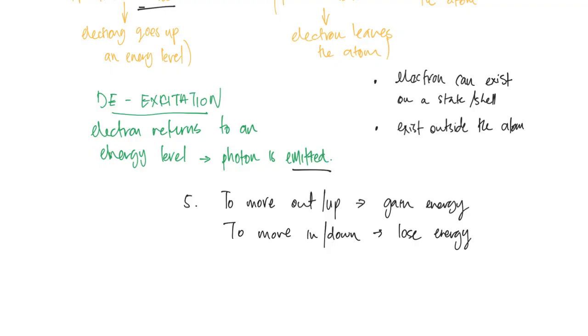Now, when we say it's moving down, the lowest energy possible is going to be the ground state.